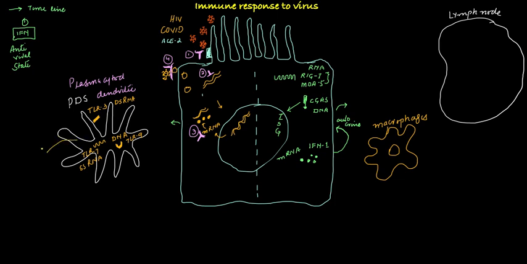So I'll mention here that interferon alpha and interferon beta are released, and a thing you should remember is that around 50% of the interferon alpha and beta, type 1 interferon, during a viral response is produced by plasmacytoid dendritic cells.